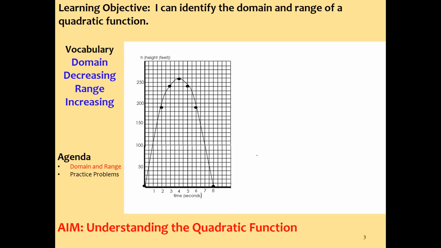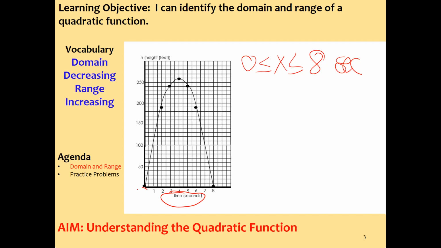So right here, let's talk about this. What's the domain? If you said the domain is between 0 and 8, you were right. And for this problem, they give us the value for the x, so we're going to say that it's seconds. All right? What's the range?